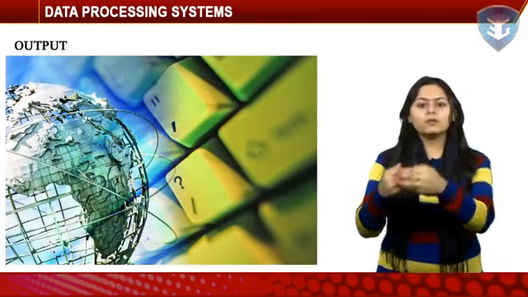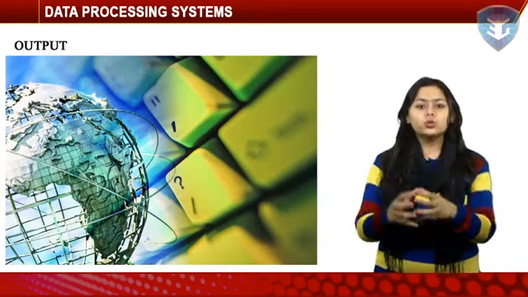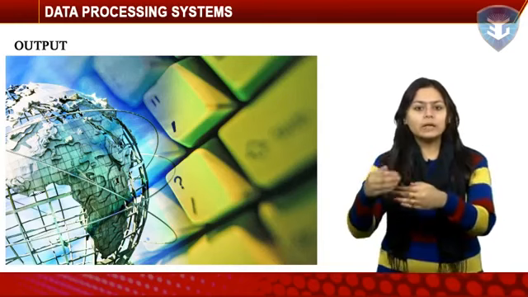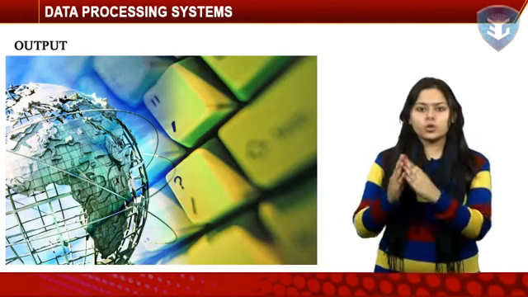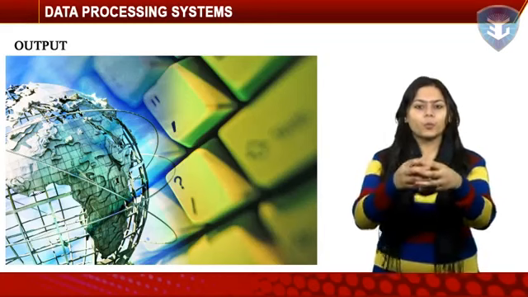Output. In information systems, output involves producing useful information, usually in the form of documents and reports. Output can include paychecks for employees, reports for managers, and information supplied to stockholders, banks, government agencies and other groups.